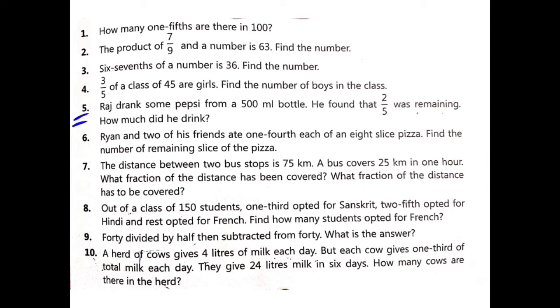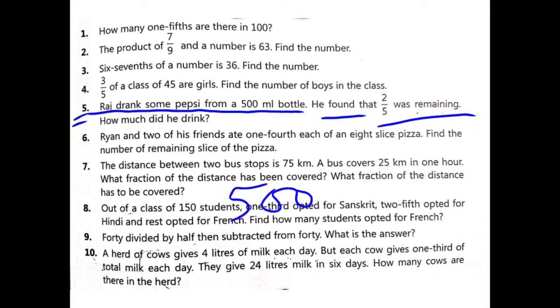Read the statements. Raj drank some Pepsi from a 500 ml bottle. He found that 3 upon 5th was remaining. So there is a bottle of Pepsi. That volume is 500 ml. Okay. And Raj found that 3 upon 5th was remaining.